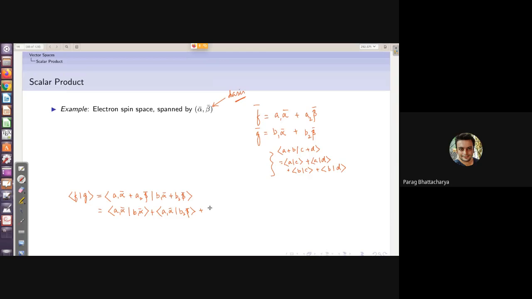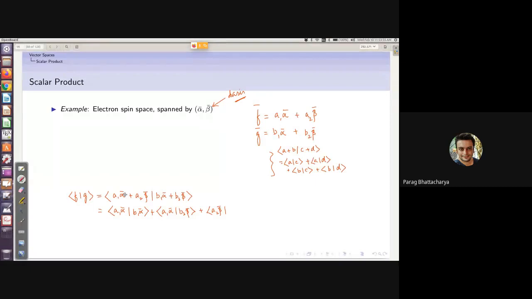Next, the scalar product of A2 beta with B1 alpha. And lastly, A2 beta and B2 beta.